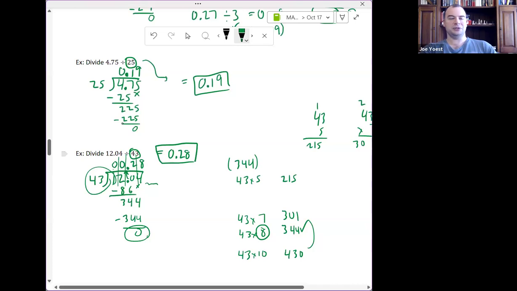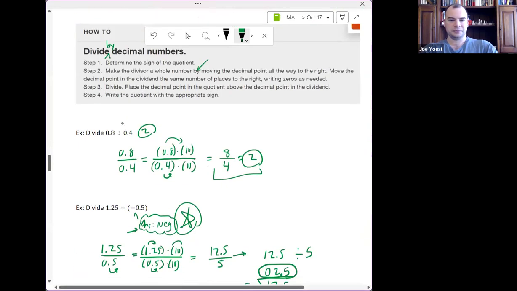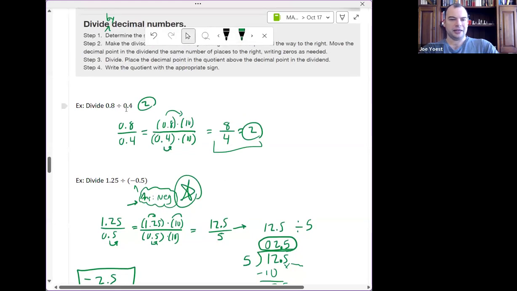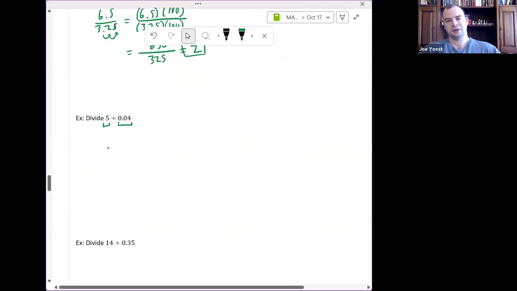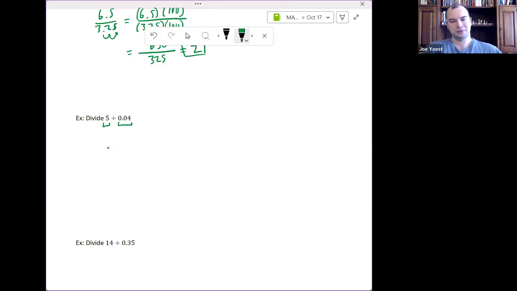If it's a whole number, we use just straightforward long division, don't have to adjust any decimal places. If we're dividing by a decimal, we need to adjust the decimal places first and then proceed with our long division. So since we're dividing by a decimal, again, we kind of reframe it as a fraction. We need to move 2 decimal places to the right in our denominator.